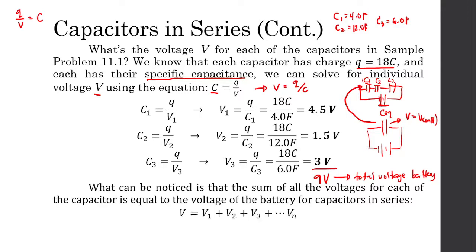So the voltages of each capacitor add up to the voltage of the battery for capacitors in series. This is the voltage of your battery, and these are the individual voltages for your capacitors. So that is capacitors in a series.